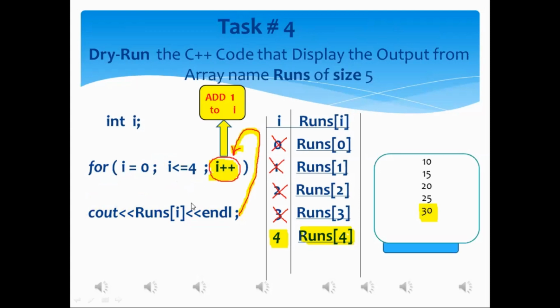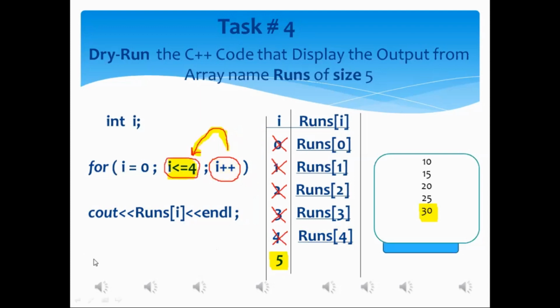Okay, if your permission is there, do I write 5 in the column I? Yes, sir. Now 5 has become the current value of I. Another question to you: after the execution of the increment statement within the for loop statement, the control of execution will be shifted to where? Condition statement, sir. Your answer is correct, my dear.